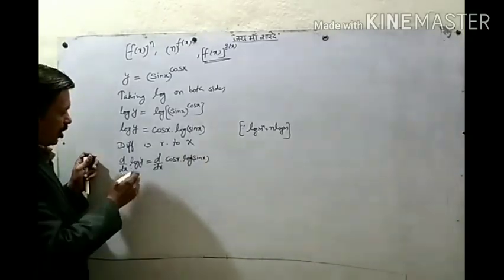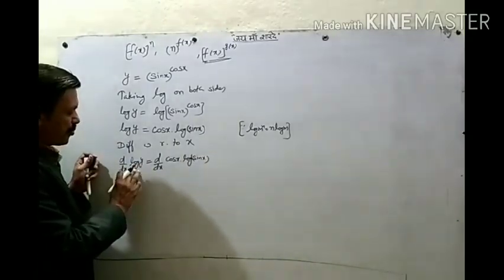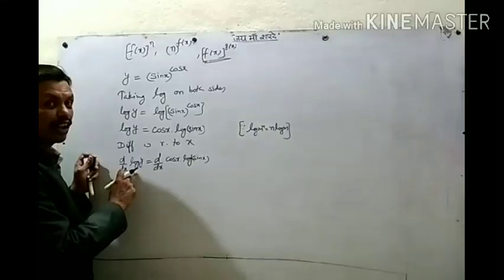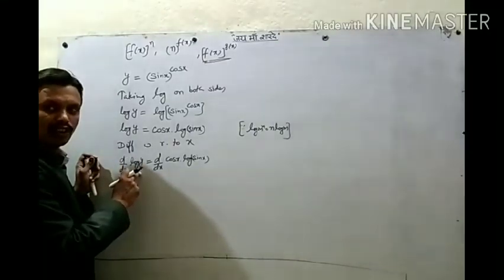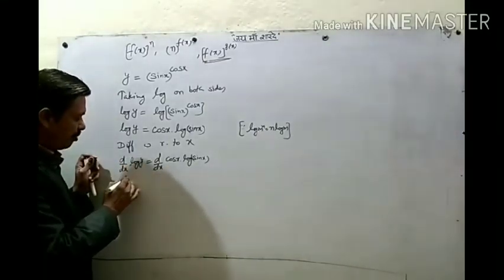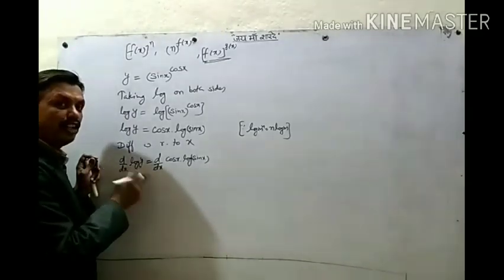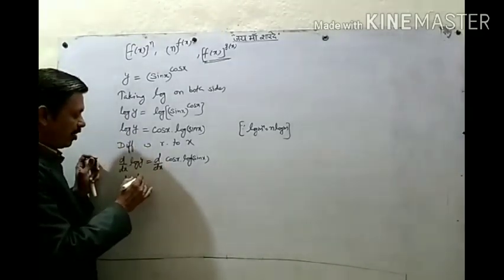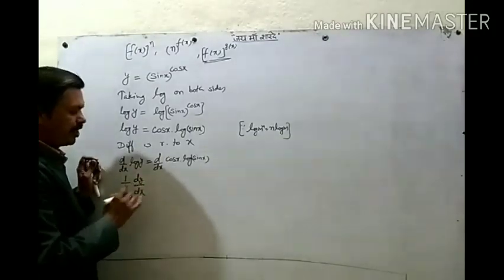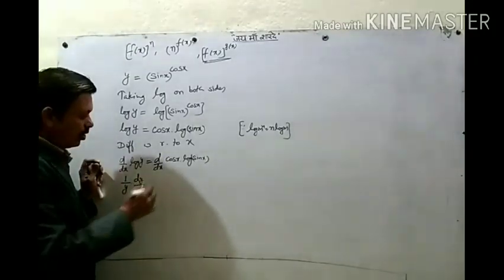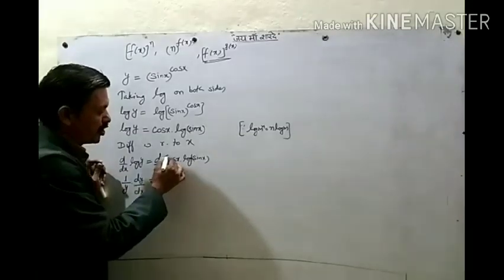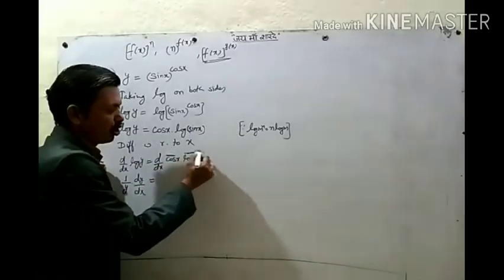Now derivative of log y is in the form of log x, so derivative of log x is 1 by x, means 1 by y. But it is not actually x, so again we will differentiate y. So we get dy by dx.